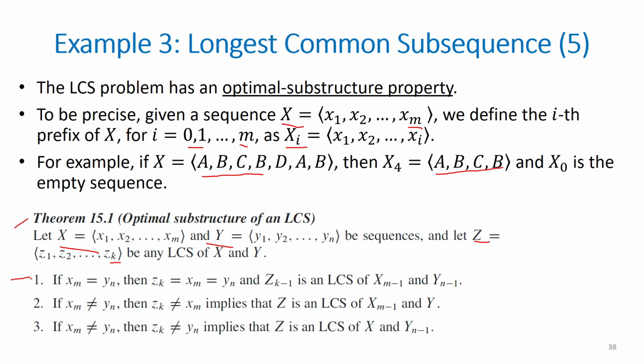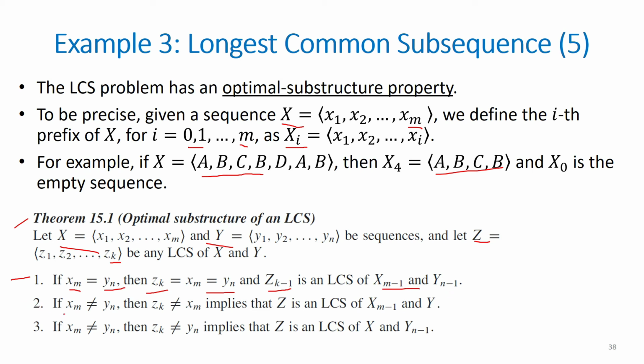First, if the last element of sequence X, which is xm, is equal to the last element of sequence Y, which is yn, then the last element of subsequence Z, which is zk, would be equal to xm, which is in turn equal to yn. As a result, this would imply that the prefix zk-1 is an LCS of the prefixes xm-1 and yn-1.